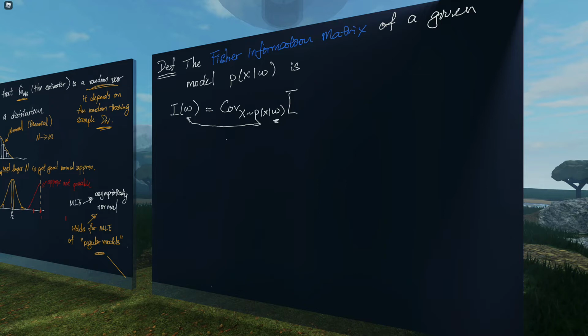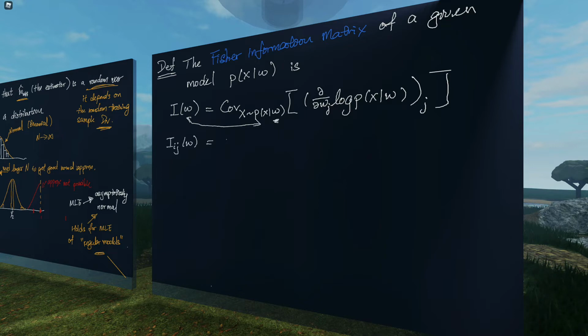So it's a covariance, using the distribution at W, of the following vector: a vector of partial derivatives of the log likelihood. Let's complete the definition first before I give the intuition.